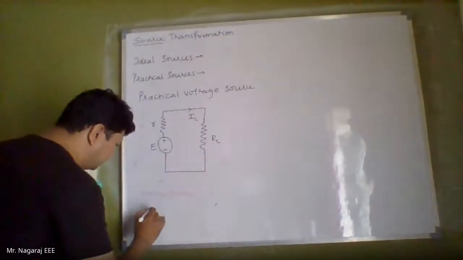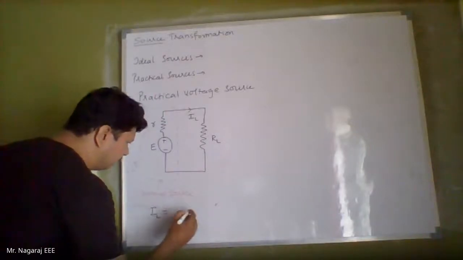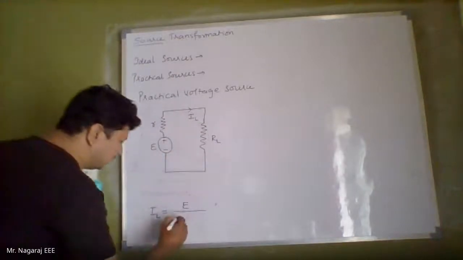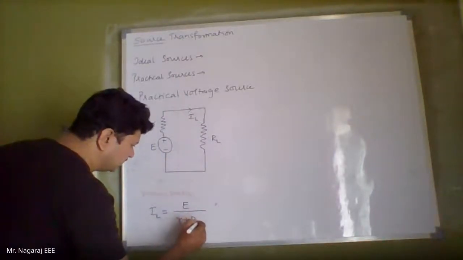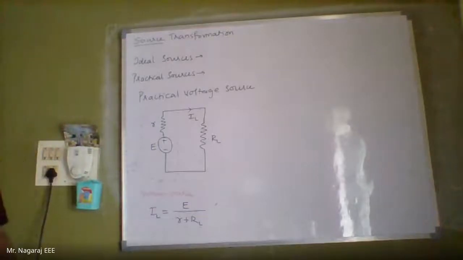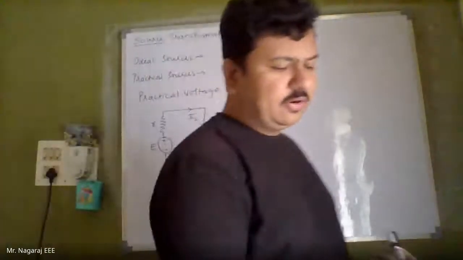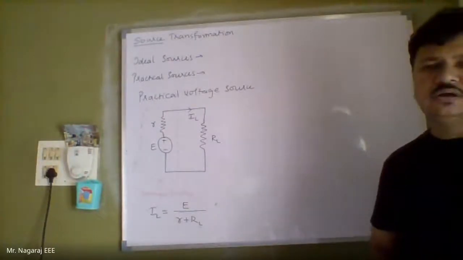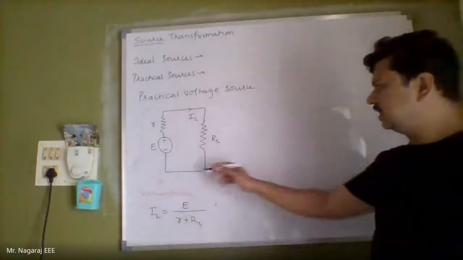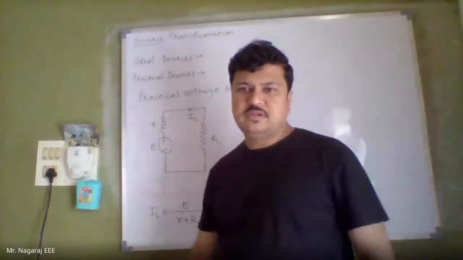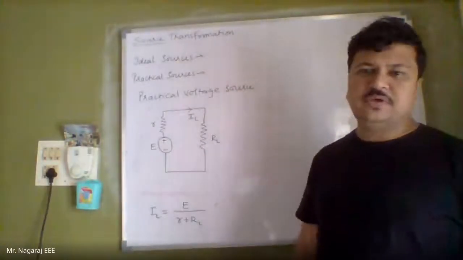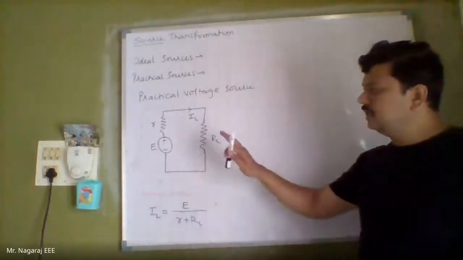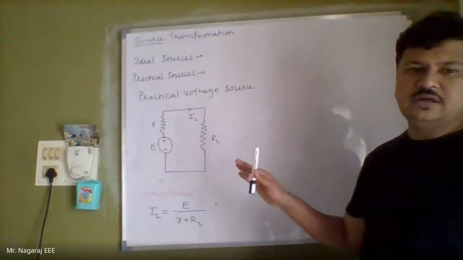IL is simply E volts divided by the total resistance of the circuit, R plus RL. This is my load current, the current circulating in the circuit given by the source of E volts with internal resistance R.